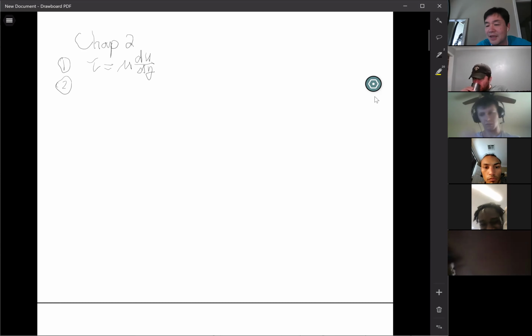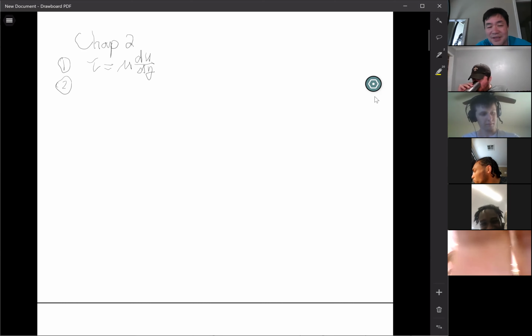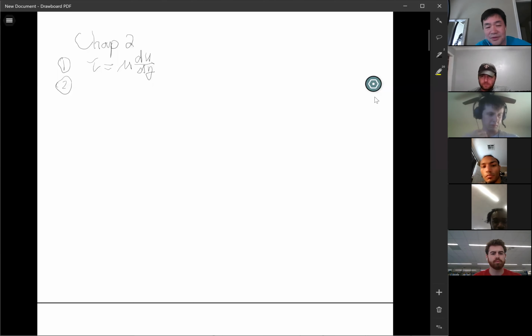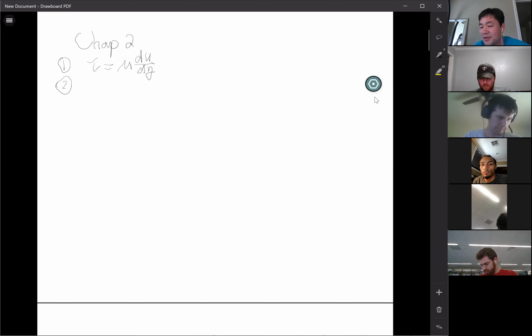So they are related, but there must be a coefficient, right? So viscosity is that coefficient. This is a beautiful equation. It tells you totally the fluid dynamics. Cause and effect: shear stress is the force per area, so it's a cause. If you apply shear stress to the fluid, the fluid will move. It gives you a velocity gradient.